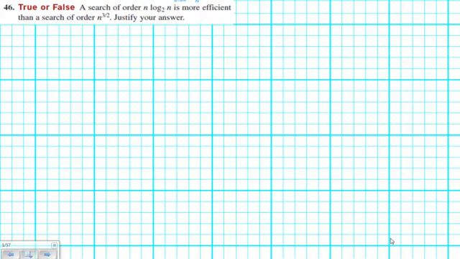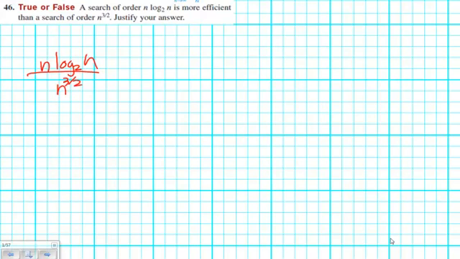So the question is, I've got two sorts, or I'm searching through something that's taking a bunch of time. Which of these searches should I use? The one that has an operational time of n log base 2 of n, or the one that is n to the 3 halves?